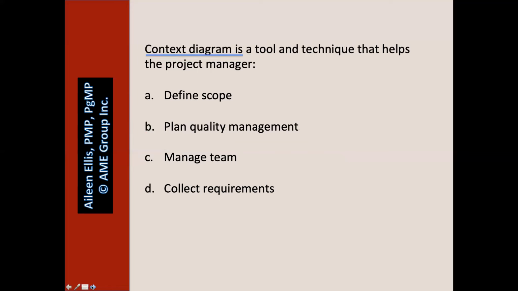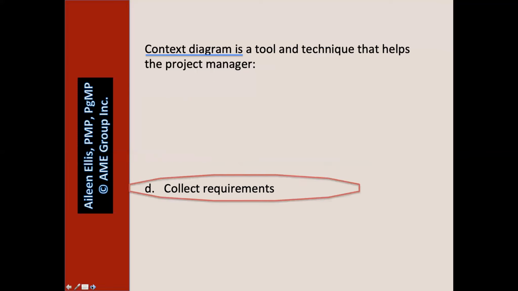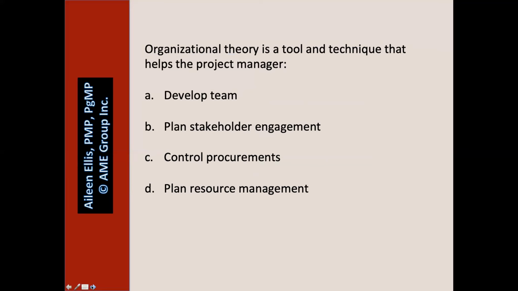Context diagram is a tool and technique that helps the project manager. Context diagram helps us collect requirements. Organizational theory is a tool and technique that helps the project manager.